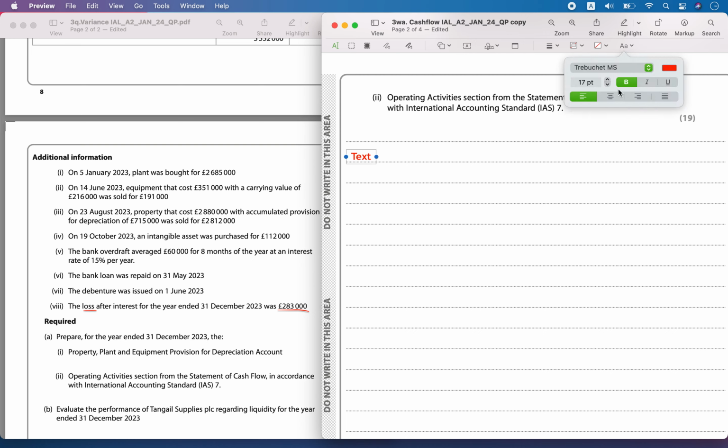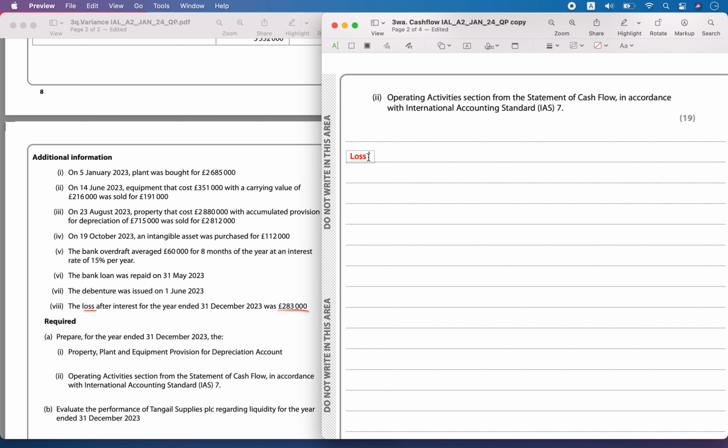Cash flow statements usually start from the point where tax and interest have not been paid. So we will add back the interest to the loss, and because the tax has not been paid, it's okay.